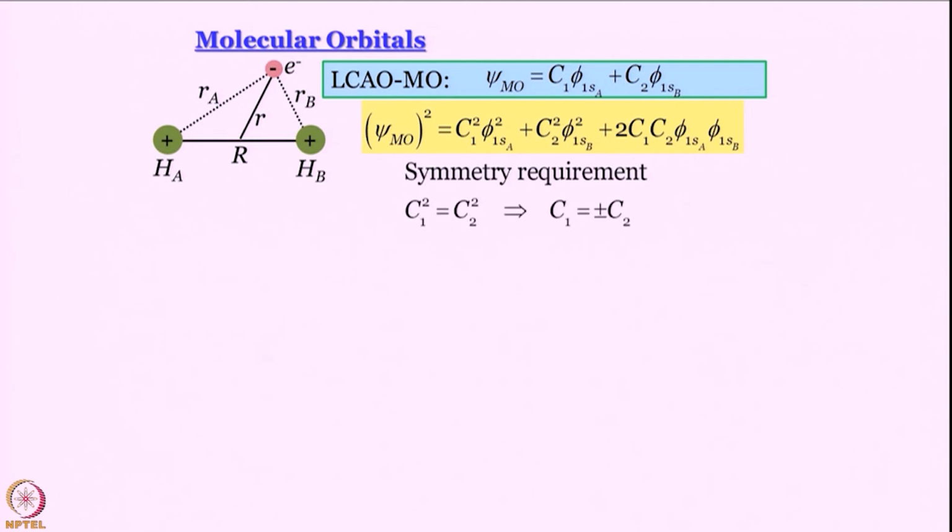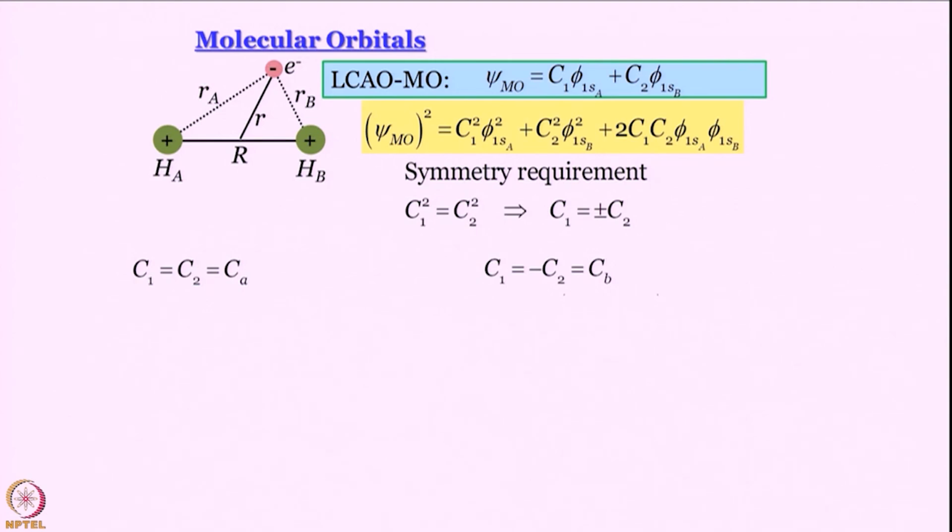Okay. Now see, there is no logical reason to think that C1 and C2 should have different magnitudes. In this expression for the probability density, there is no reason why A should contribute more or less than B. So, C1 square must be equal to C2 square, which implies that C1 can be plus or minus C2. When C1 equals C2 I call it Ca, when C1 equals minus C2 I call it Cb.